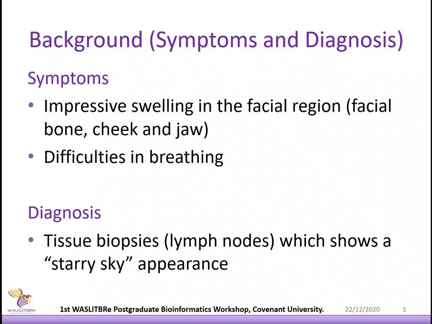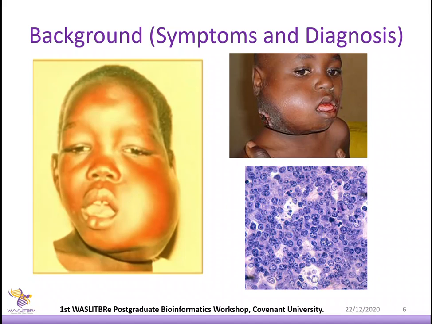Sometimes the swelling can be really big, and yeah, difficulties in breathing is very common. In diagnosis, the main method used is biopsies, and there is a starry sky appearance in the biopsies. I'll show an image in the next few slides.